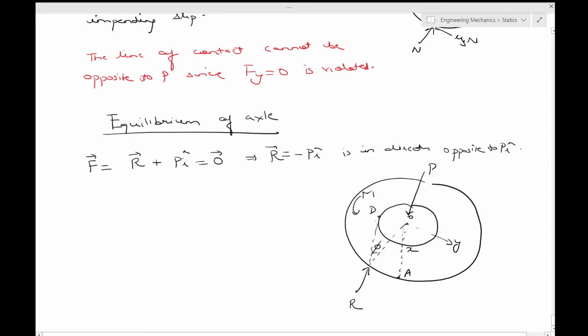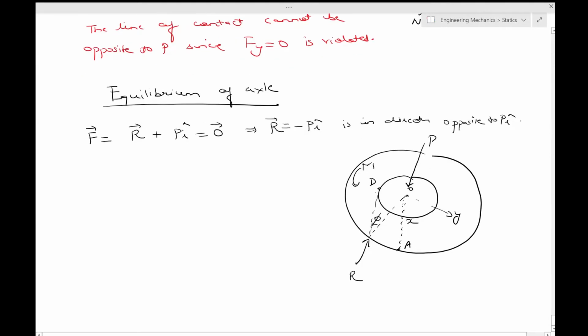Now this R is made up of two components.